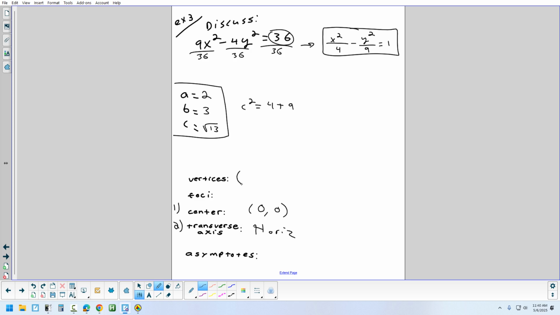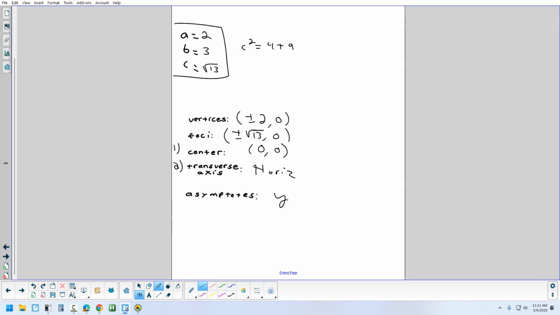I like the plus or minus as the first number. And what about the equations of the foci? Yep. Plus or minus root 13, 0. And the asymptotes?